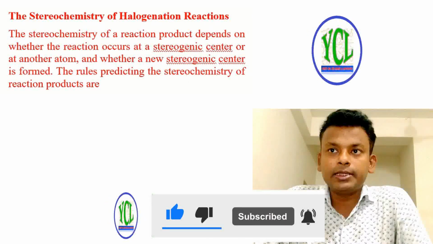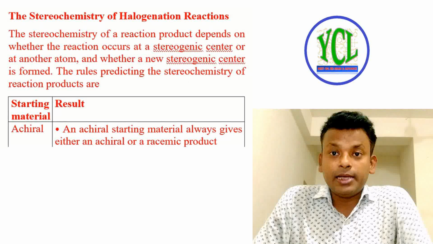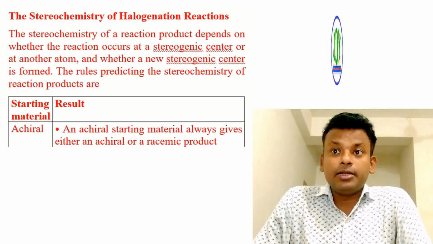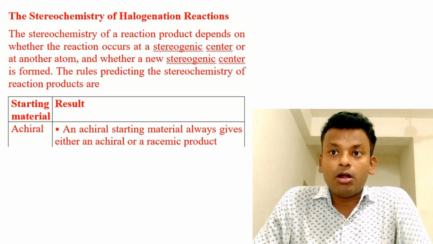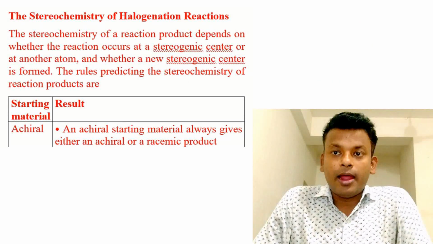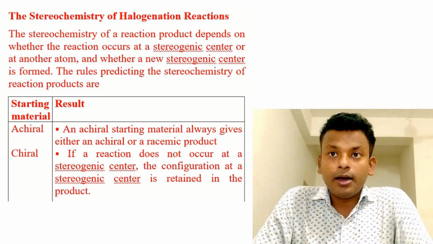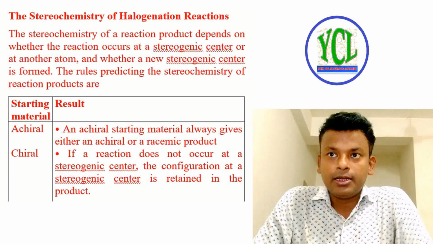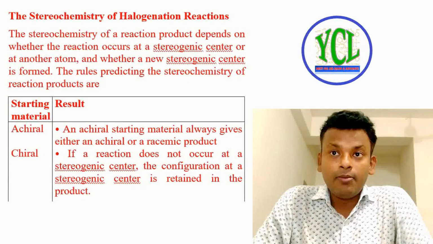The rules predicting the stereochemistry of reaction products: an achiral starting material always gives either an achiral product or a racemic mixture, and with a chiral starting material, if the reaction does not occur at a stereogenic center, the configuration at the stereogenic center is retained in the product.